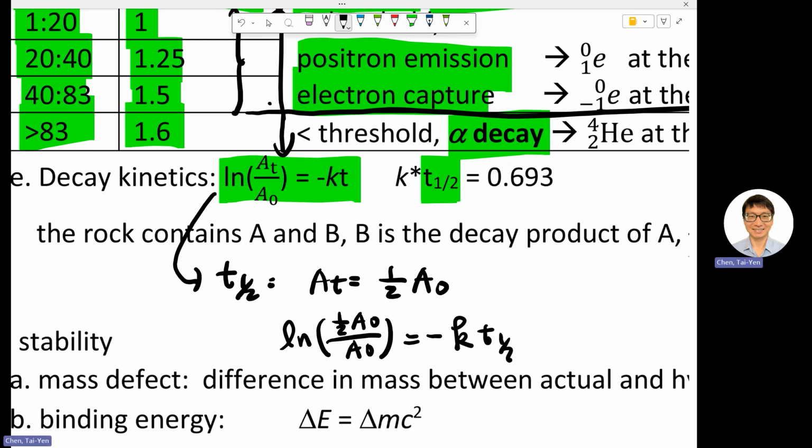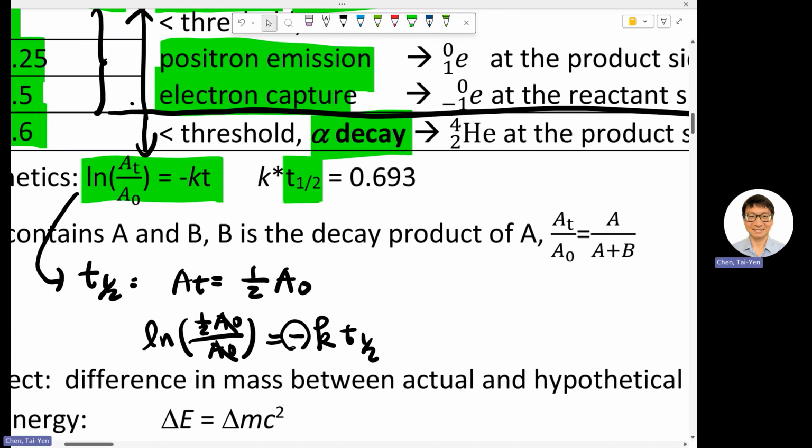This t will become t half, because right now the amount is half of the original amount. Then the A0 cancels out. If you put the negative sign to the left, you have k times t half equals negative natural log 1/2.